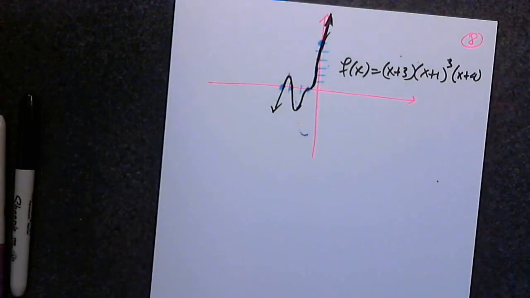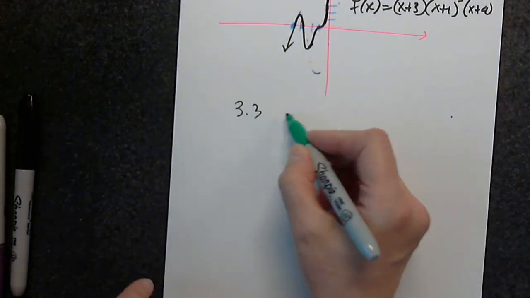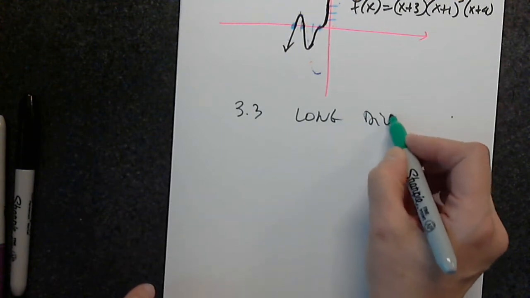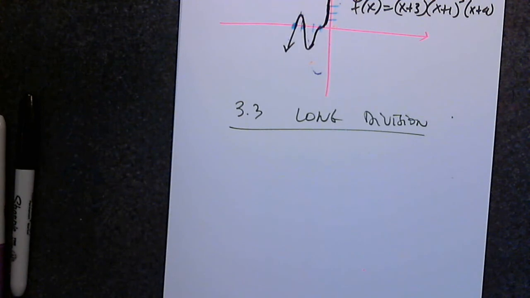Okay. In the next section, we are reviewing the long division. So, long division, that's one item here, 3.3. We can look at the synthetic division if you'd like, but I think the long division is good enough.